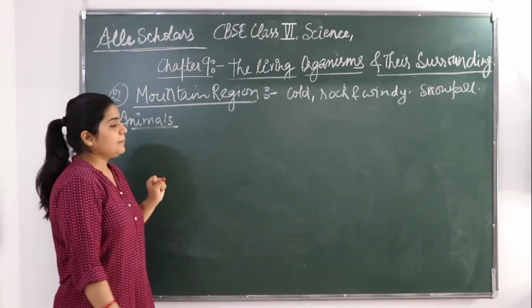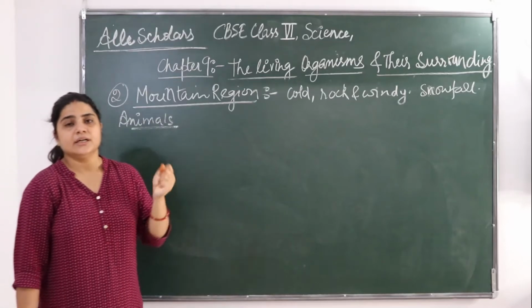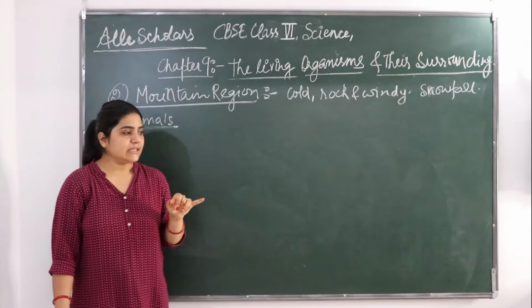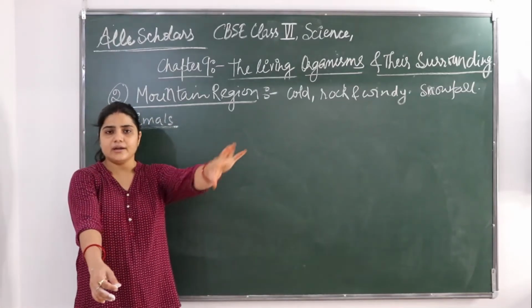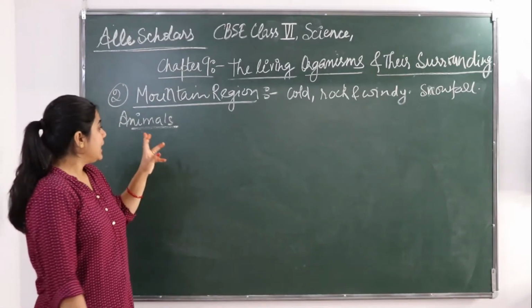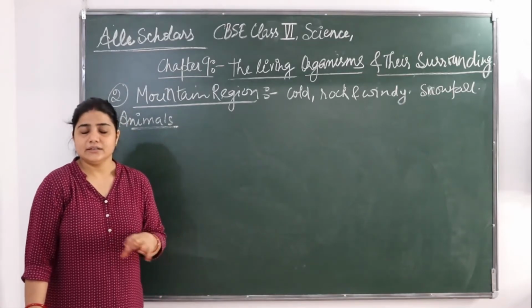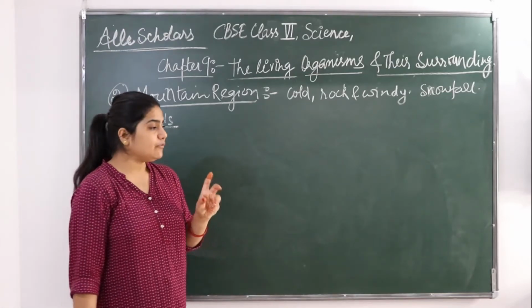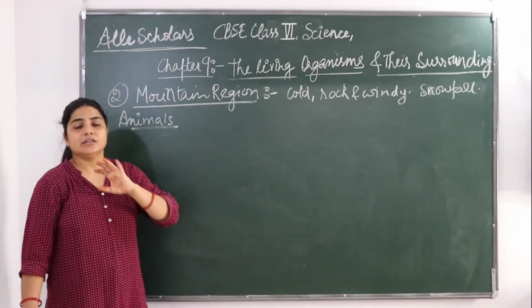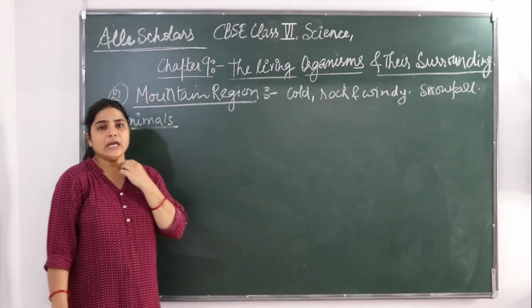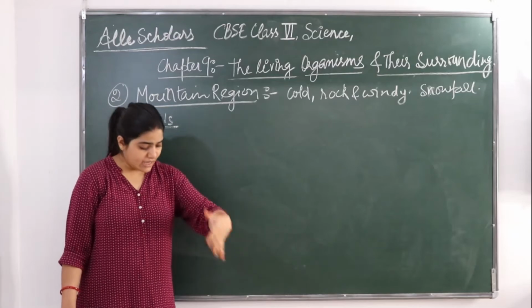Examples of mountain region animals are the yak. If you have seen a yak, it has long hair on its body which keeps it warm. The next animal present in the mountain region is the snow leopard. The snow leopard has thick fur on its body, including feet and toes, everywhere.